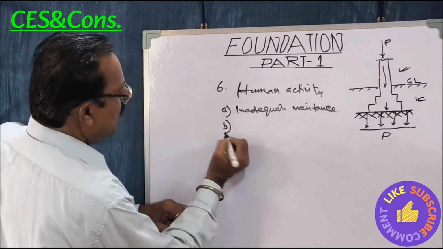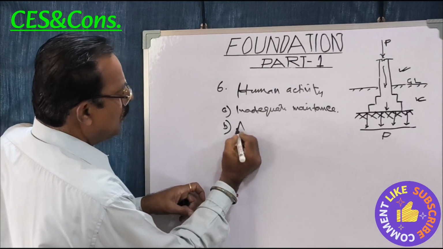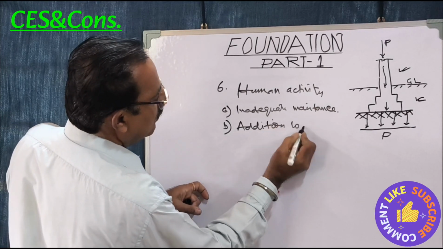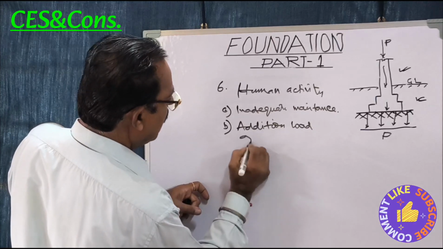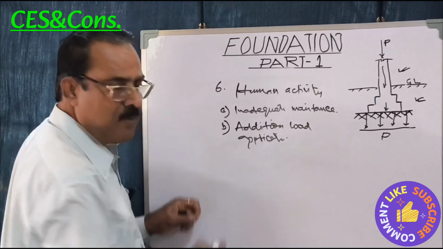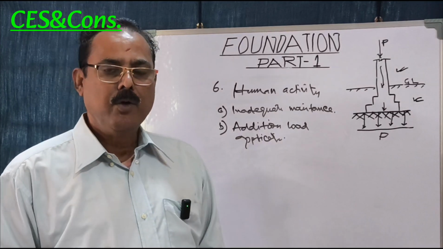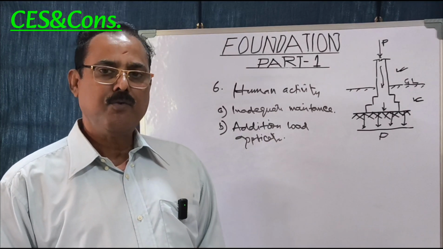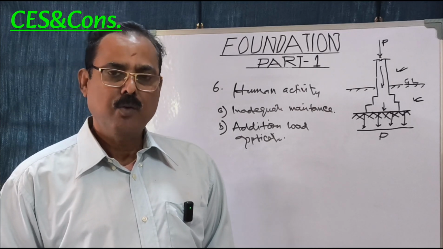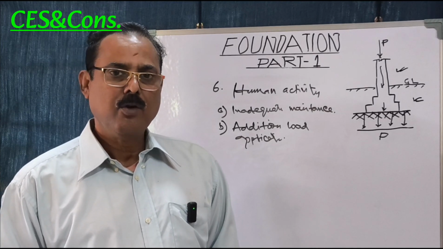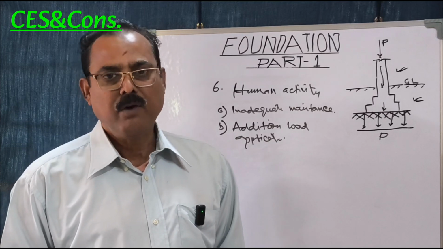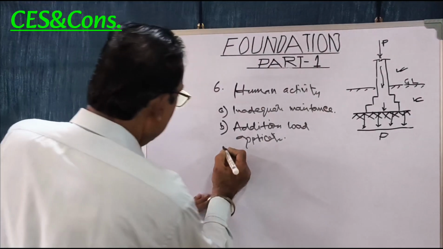Number two may be additional load application. Sometimes it happens that you have made a 2-story building and suddenly you construct another story over that. So additional load obviously leads to the failure of the foundation.